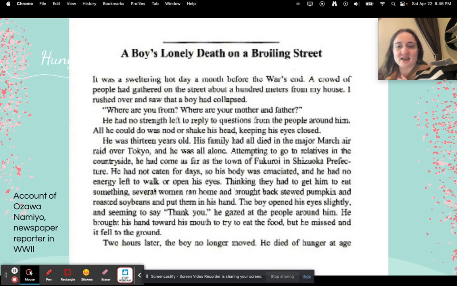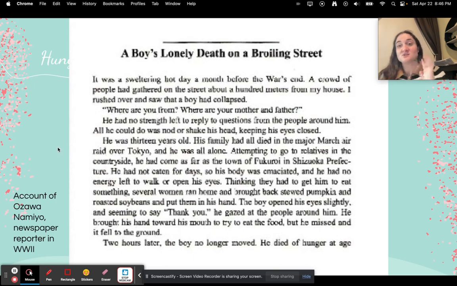Thinking they had to get him to eat something, several women ran home and brought back stewed pumpkin and roasted soybeans and put them in his hand. The boy opened his eyes slightly and, seeming to say thank you, he gazed at the people around him. He brought his hand toward his mouth to try to eat the food, but he missed and it fell to the ground. Two hours later, the boy no longer moved. He died at the age of 13.